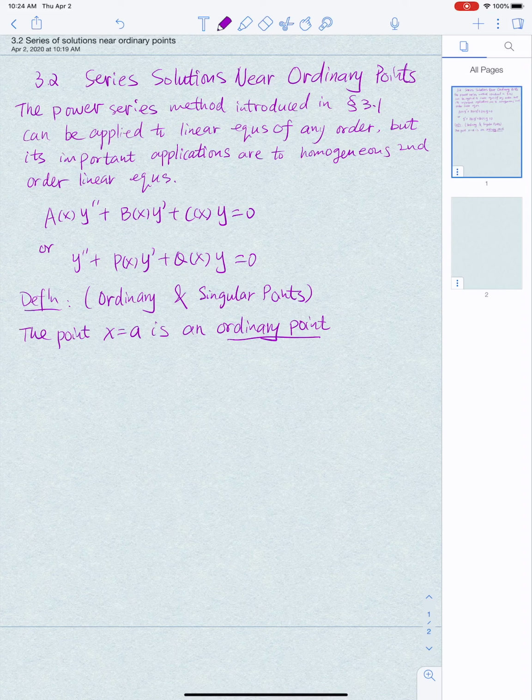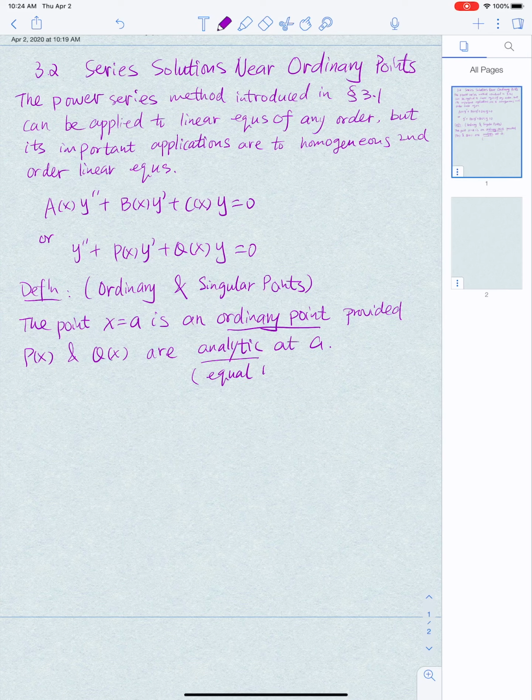We call x equals a an ordinary point as long as p(x) and q(x) are both analytic at a. And analytic means that p(x) and q(x) are equal to a power series. Otherwise, it is called a singular point.